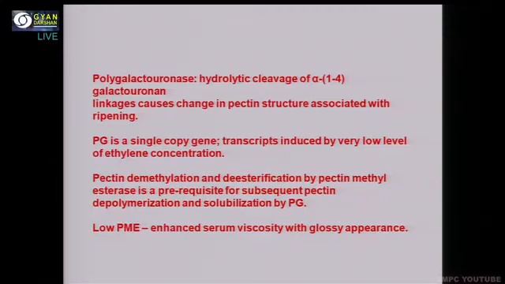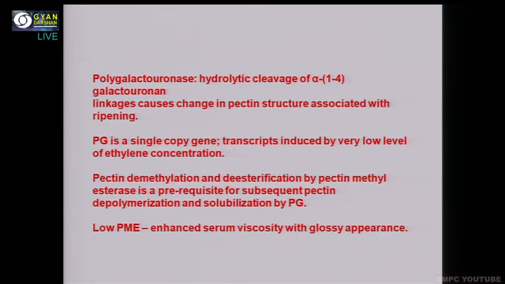So the pectin degrades and therefore the cell wall gets softened, and that is why the fruit turns soft at a much earlier rate. So what you can do, you can just silence this polygalacturonase gene through antisense RNA technology, and the transgenic tomato fruit that you derive is known as the flavored sour tomato.